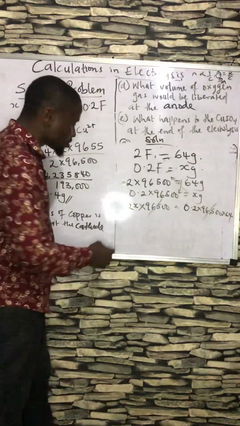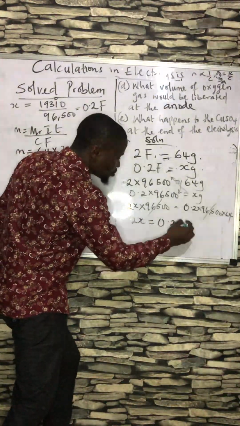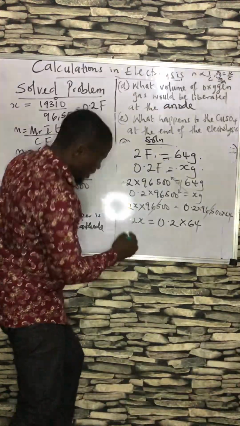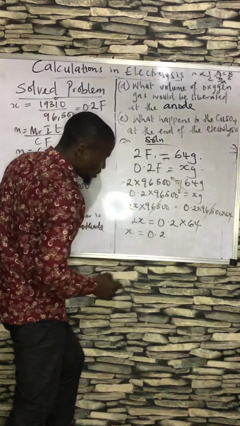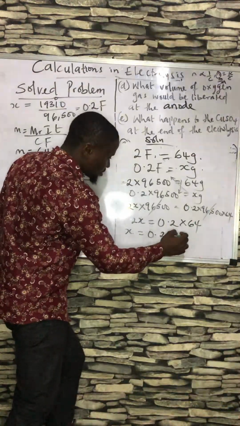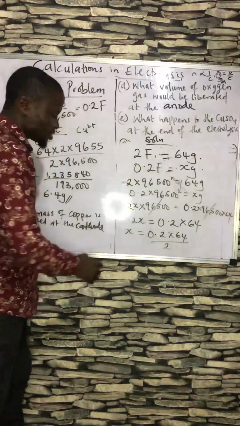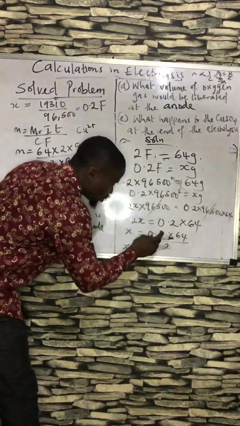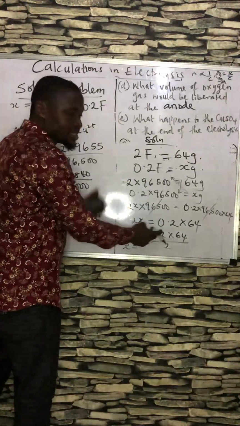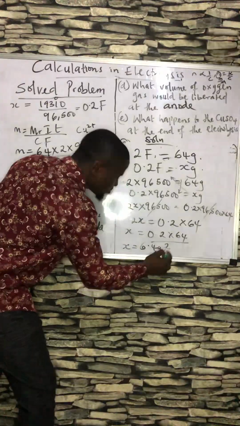So it means 2x will be equal to 0.2 times 64. X is equal to 0.2, are we there, times 64 all over 2. All right, so invariably your X will be equal to 0.2 divided by 2 is 0.1 times 64, 6.4 gram.